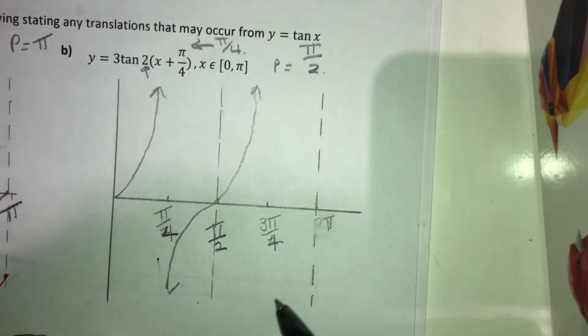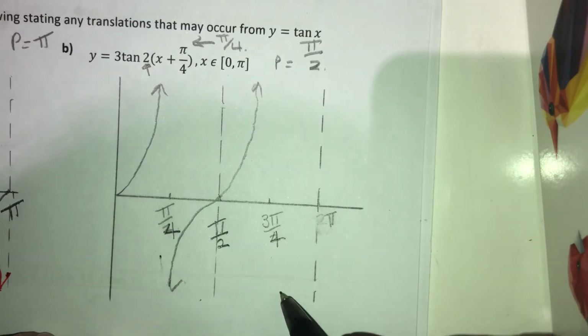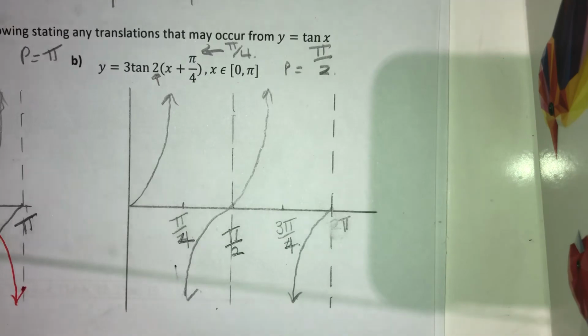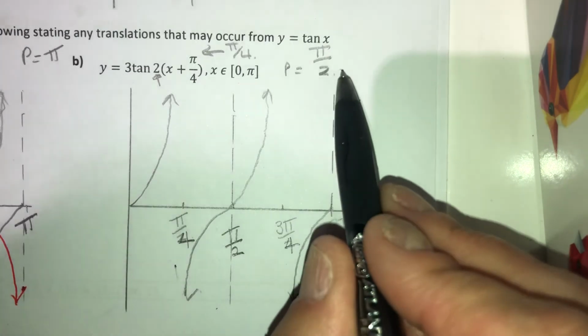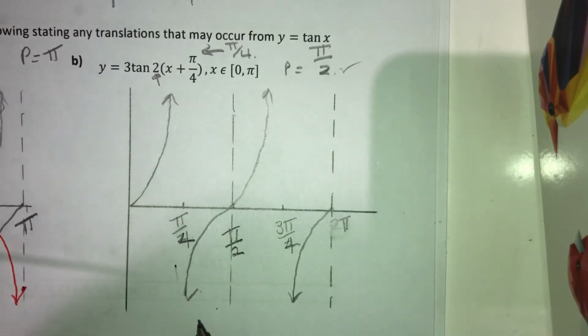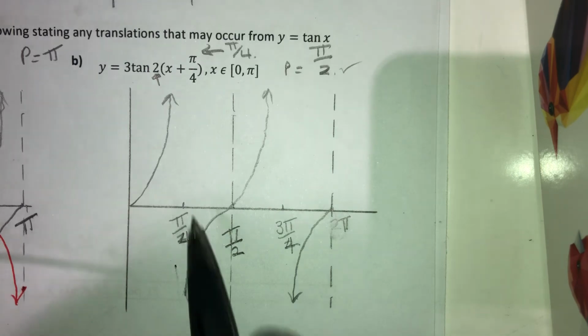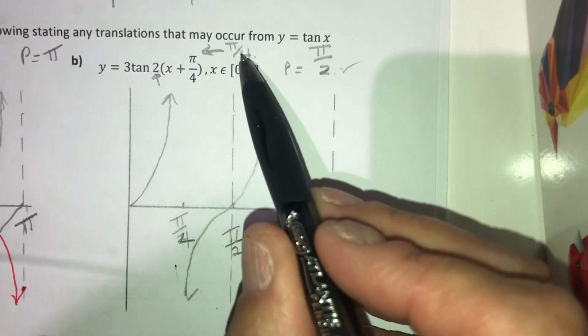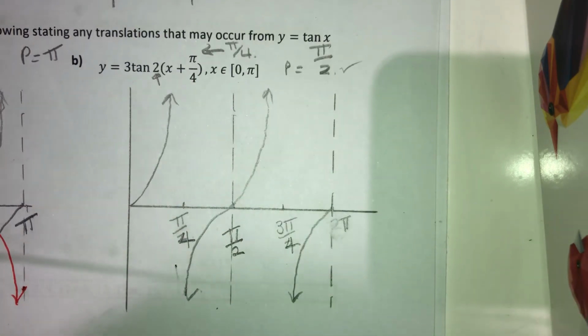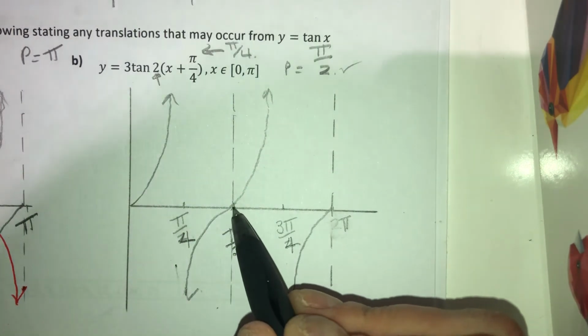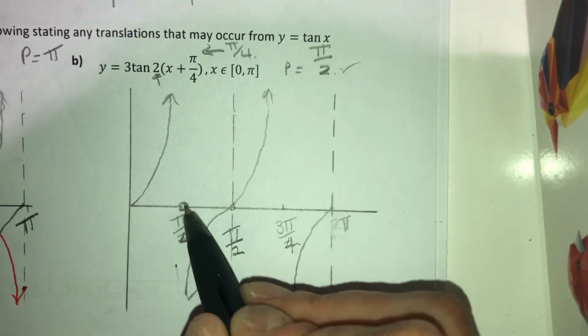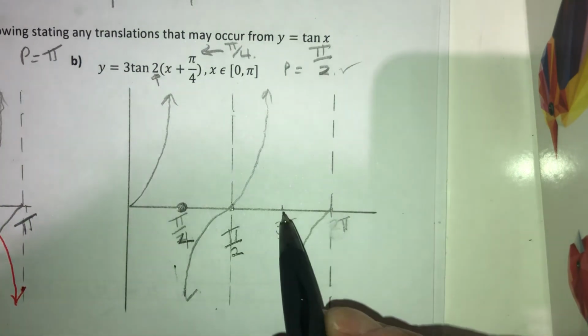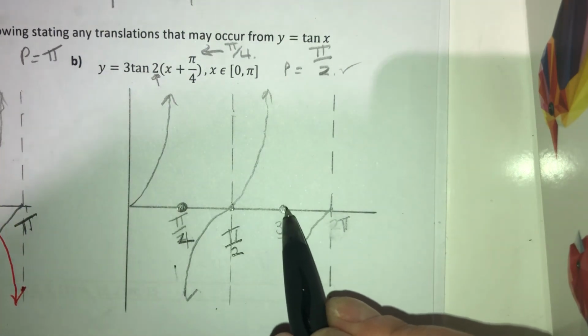It makes it easier to see where the transformations are. So we've worked with the pi on 2, which was our 2 here, and now we're going to shift everything to the left by pi on 4. So pi on 2 here is going to come back here, and 2 pi is going to come back to 3 pi on 4.